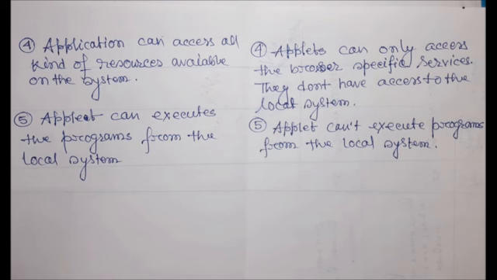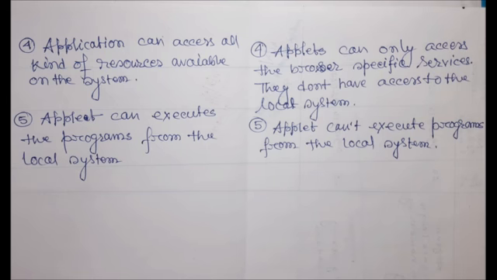So in this lecture I have just discussed how to run a Java applet program by using HTML or by using the applet viewer. We have seen that there are many ways we can run the Java program.